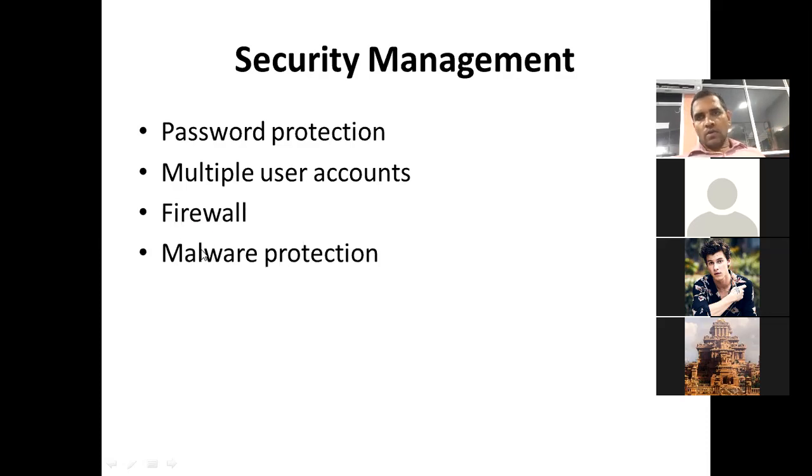The last one: the operating system has some sort of malware protection, right? Malware is a program which can harm your computer, which can affect your computer, right? So if you use an operating system, you can get protection against malware up to some extent, not on a big scale, but you have some security, some protection, right?